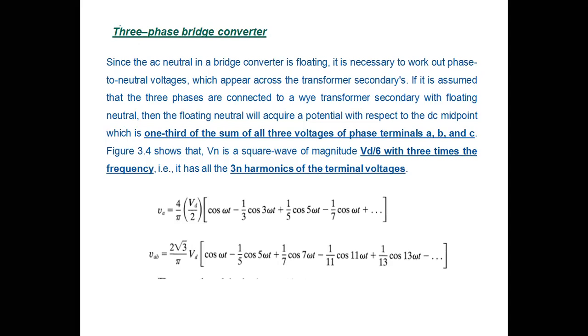But out of these, the triplen harmonics are present in the neutral. So if you substitute and calculate this Vn, that is Va plus Vb plus Vc, considering the triplen harmonics, that is 3 times this one, and if you sum them, you will get 1/6.